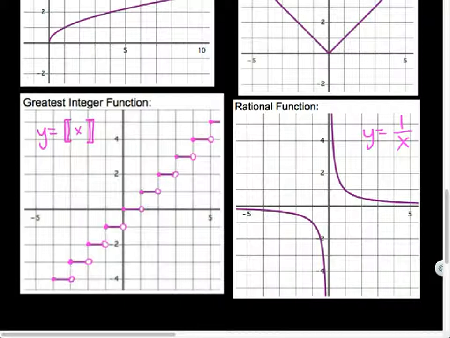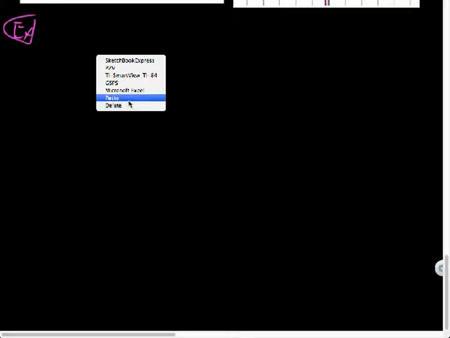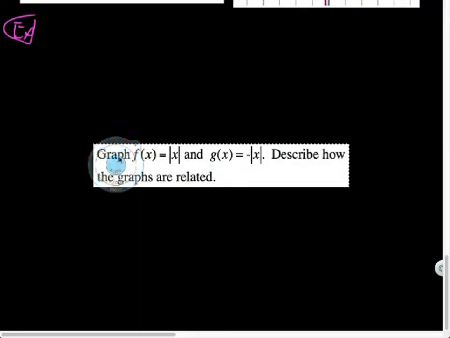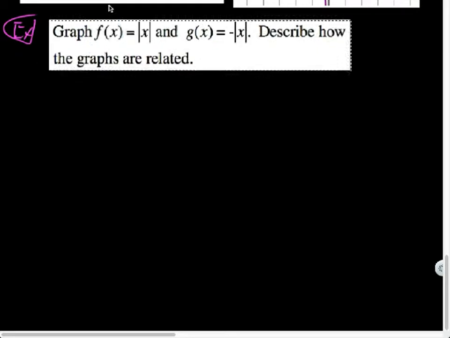Let's do an example of this and try to build some relationships to see if we can figure out some general strategies. So let's do our first little example. Now that we understand what parenting is like, let's see if we can do this.